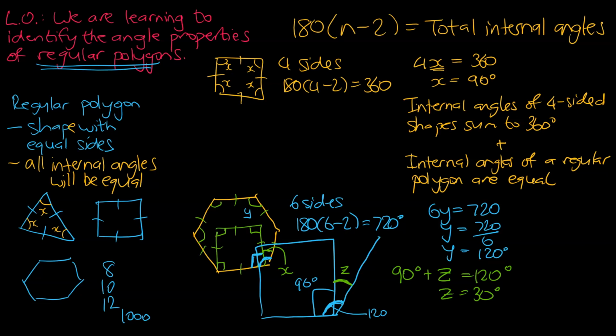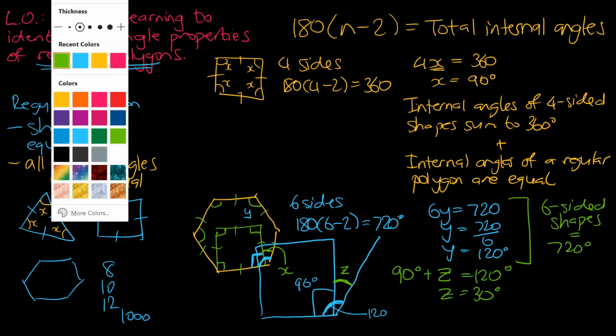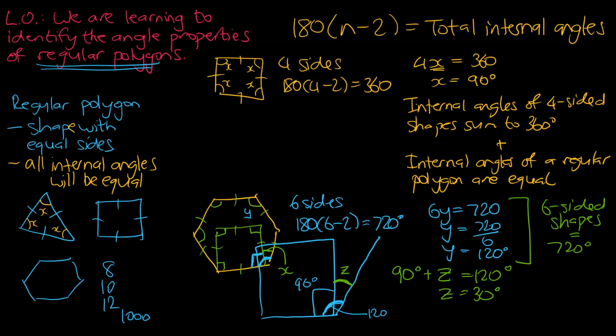And like we did for the previous example, we do need to include our geometric reasoning, but I'm not going to write them out fully again. But the first working that we did in blue, well, that was related to our reasoning up here. So we know 6-sided shapes, well, we've figured out they must add up to 720 degrees.